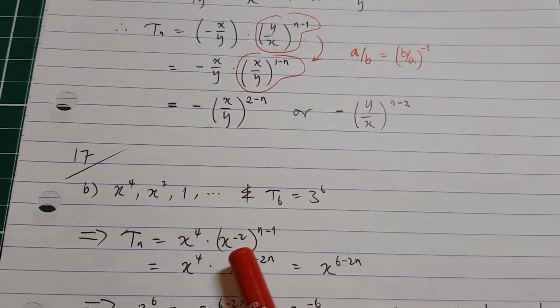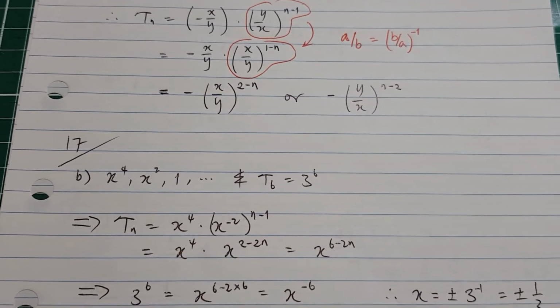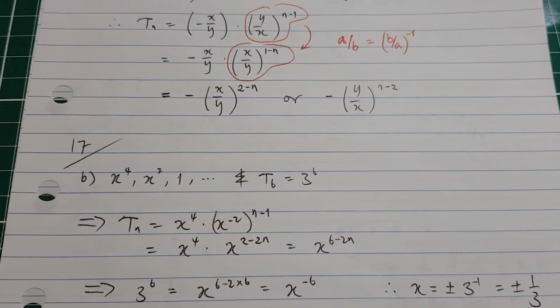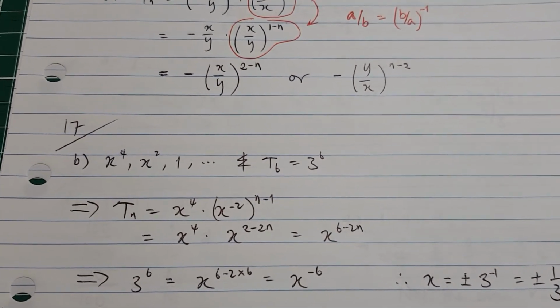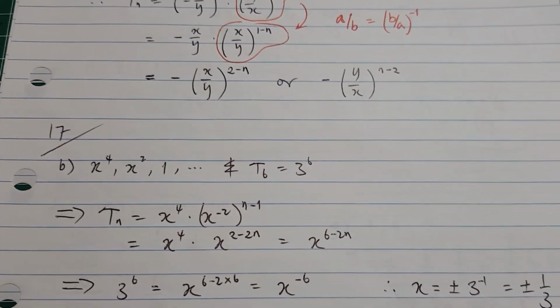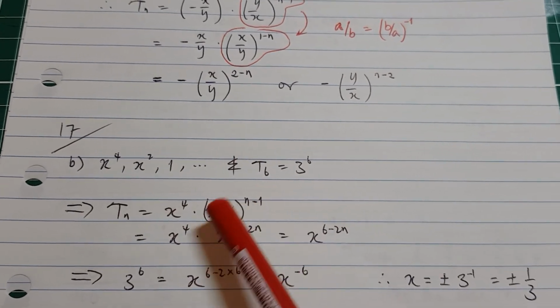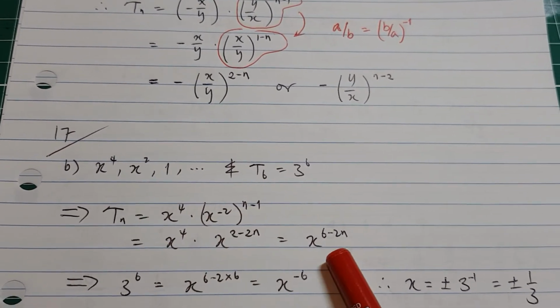The common ratio is 1 on x squared, so that's x to the negative 2. And again, index laws. So heavy use of index laws, I said before. You have to be completely up to date with the index laws. All right, can't stress that enough. So x to the 4, multiply those two to get that, and you now add those two to get this.